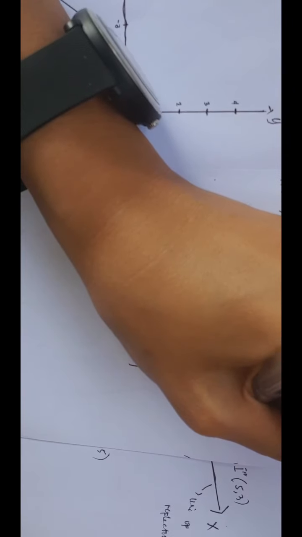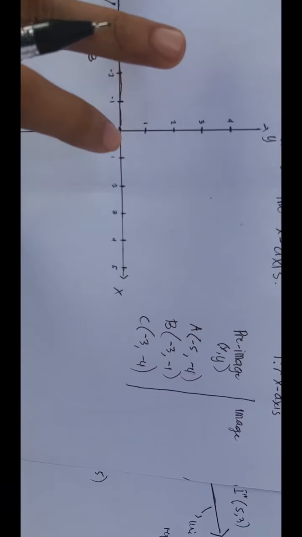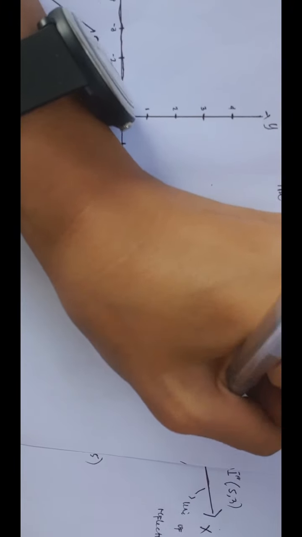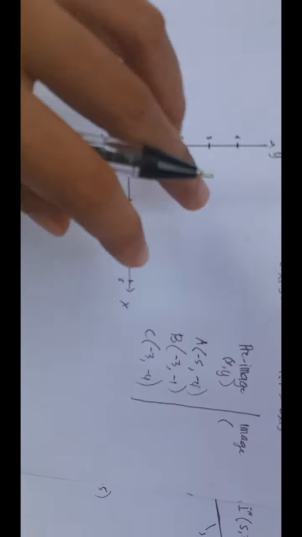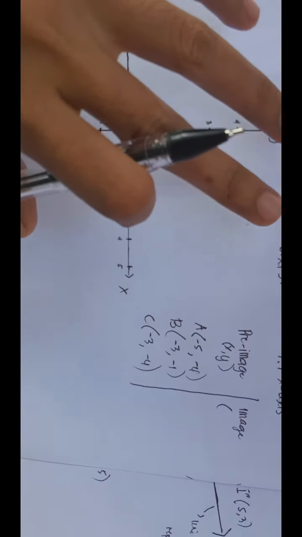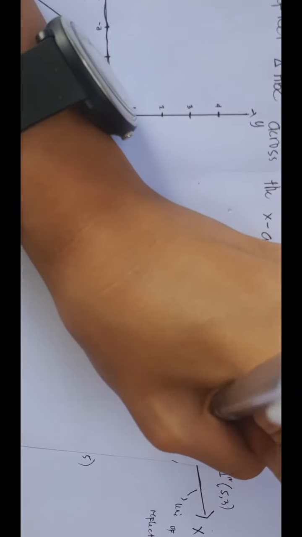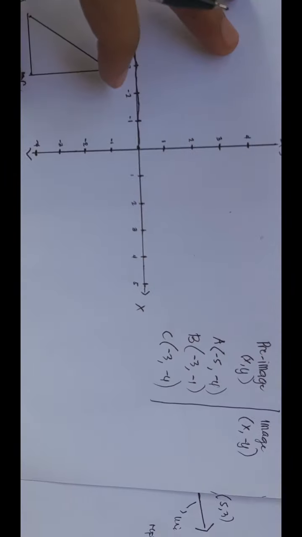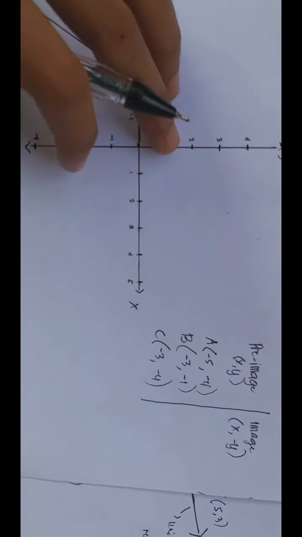Crossing the image. So the rule for the x-axis says that (x, y) is mapped onto (x, -y), right? You could still remember. Now we need to get the image.